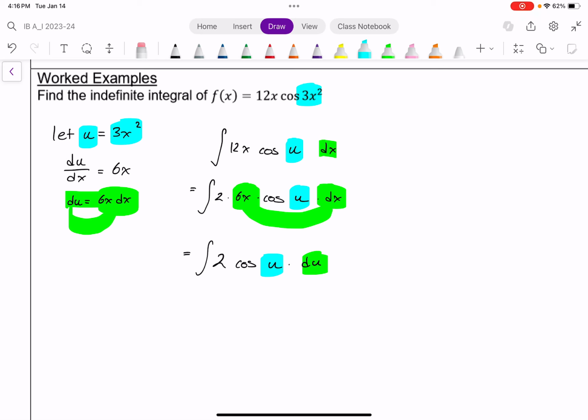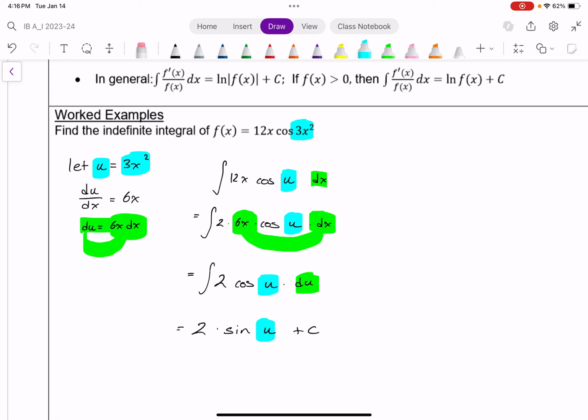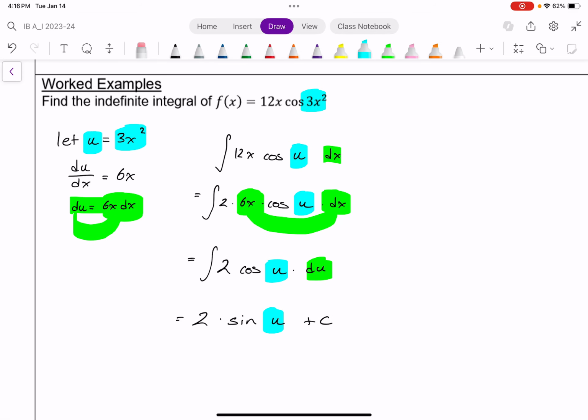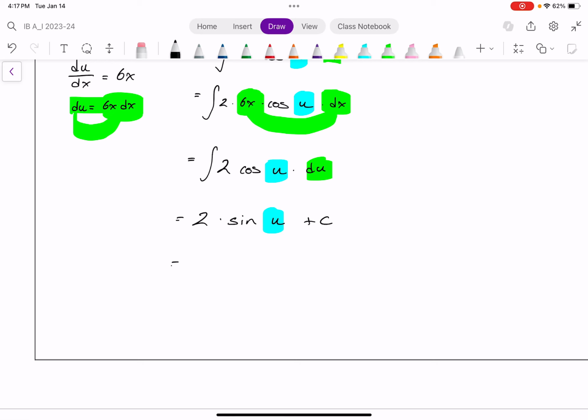I've rewritten my integral in a much simpler form. I can integrate this quite nicely. And so this is going to be 2 times the antiderivative of cosine, which is sine of u, plus my constant. Now that's it. Might seem like we're done, but don't forget there was no u in my original function. So all I need to do now is go back and replace u with 3x squared, and I'm done. So the integral is 2 times the sine of 3x squared plus my constant.